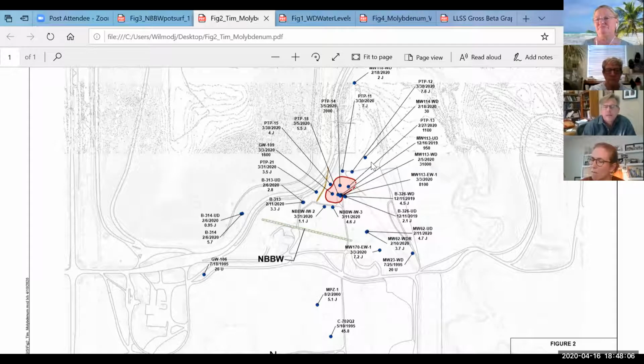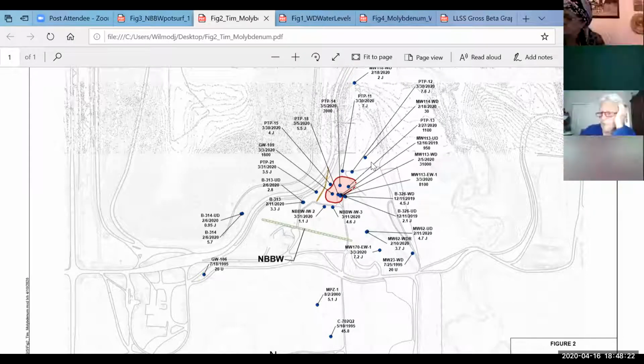So, as I talked about, there's the RI data, and then there's also, I don't know if you've looked it up yet, but the half-life for Moly 99 is 66 hours. What's the uranium concentrations out there?